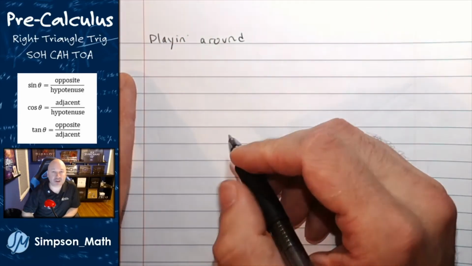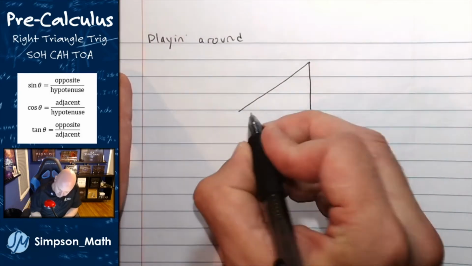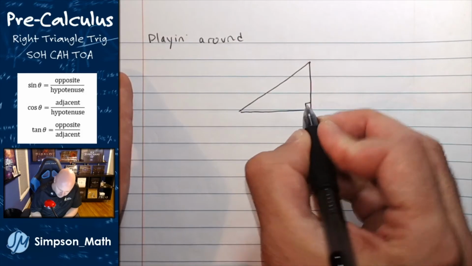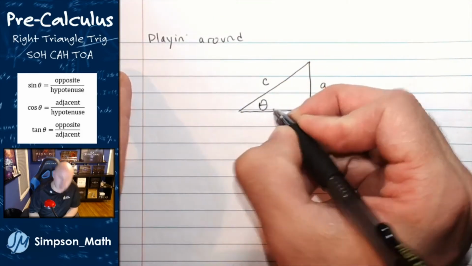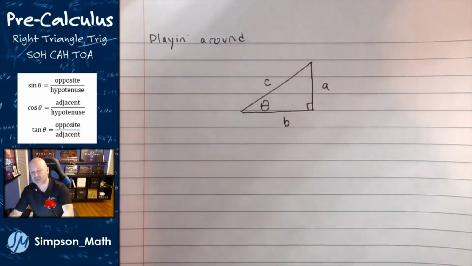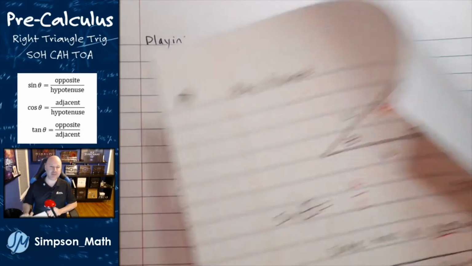I'm going to draw that same right triangle from before. A, B, C. I'll put theta in the same place. So I'm starting off the same as the last time I played around. I'm drawing that same ABC triangle.